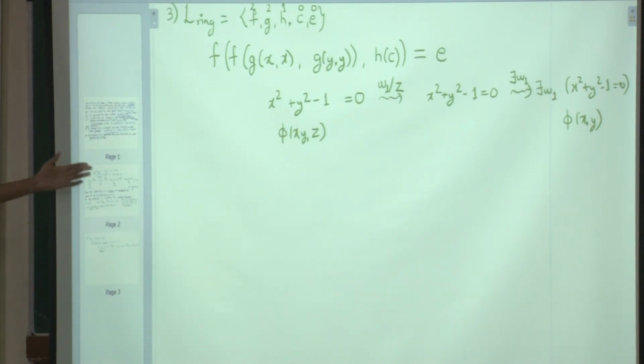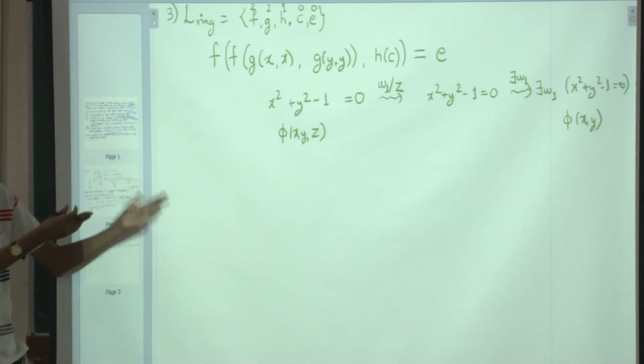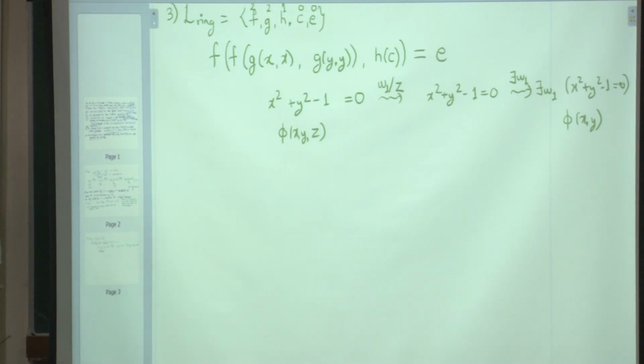But this phi xyz and that phi xy, they are equivalent, not necessarily equal. I haven't yet defined logical equivalence, but I am showing you that you can bound any variable which may or may not occur in that formula. We have to allow this. Just for formality we have to allow these things.